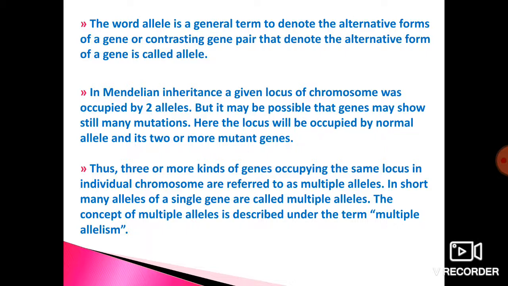Over thousands of years of evolution and change through mutation, we find that today we come across certain genes which exist not only in two alternate forms but in more than two forms, three or more. Such genes which have three or more alleles are known as multiple allelic genes.